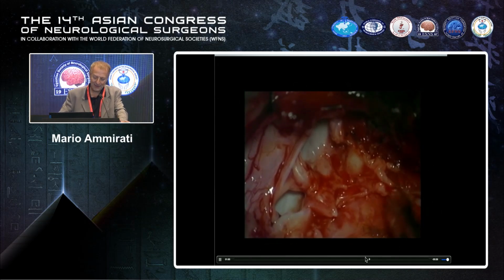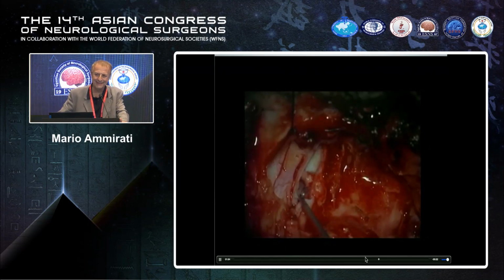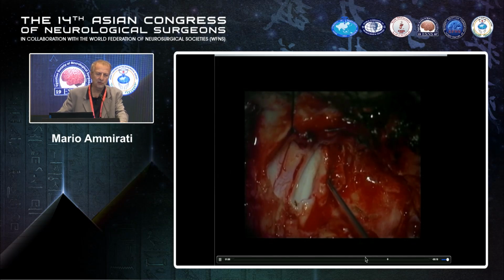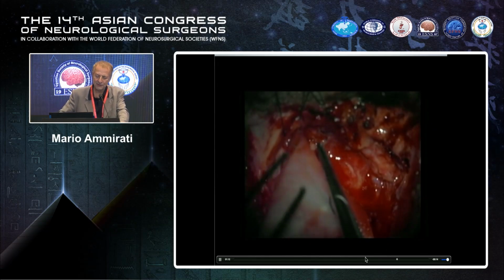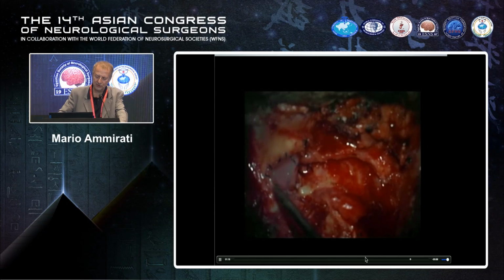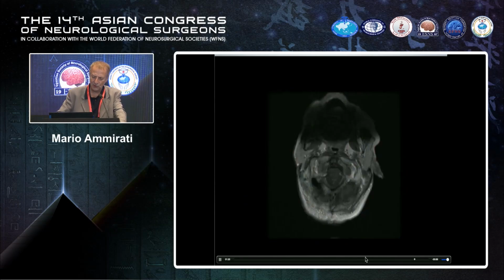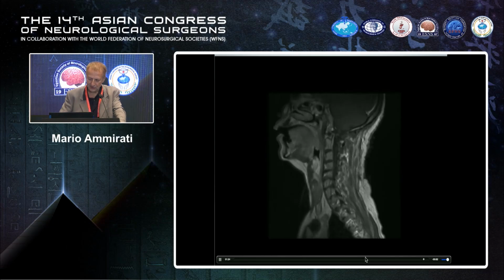And as everybody who has done skull-based surgery knows, the bigger the tumor, the easier it is to remove, because the tumor has already created space in the subarachnoid space by its own growth. So really, it's easier to remove a larger tumor than a smaller tumor. And you can see the removal here.